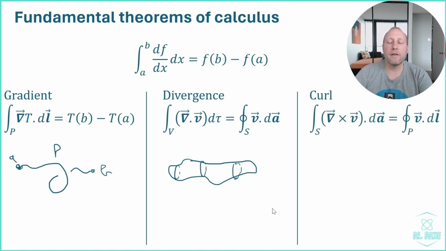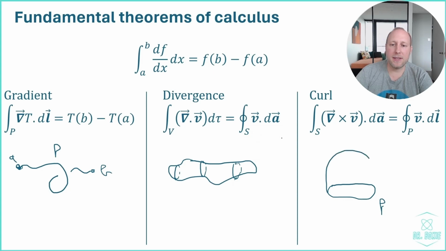And finally, for the curl, we have that the surface integral of a curl, so think again of some shape, which is the boundary of a surface. Take, for instance, this surface.